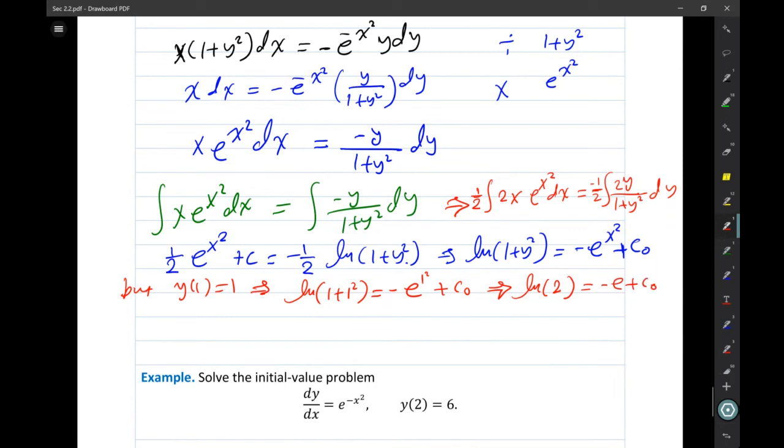So how much is c naught? c naught will be ln 2 plus e.